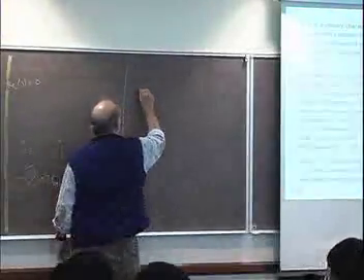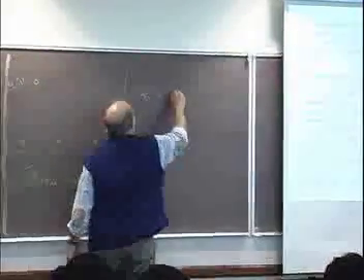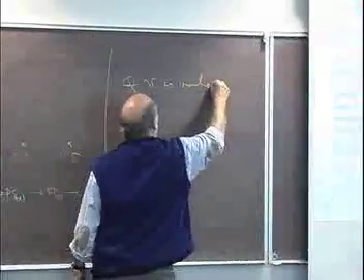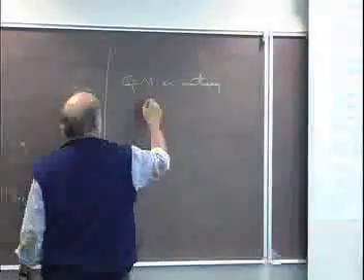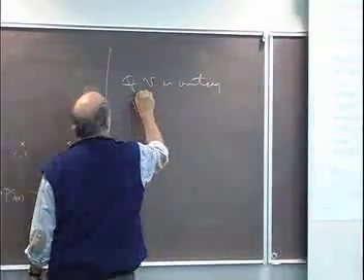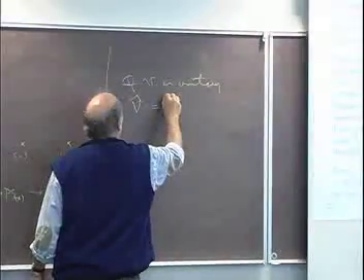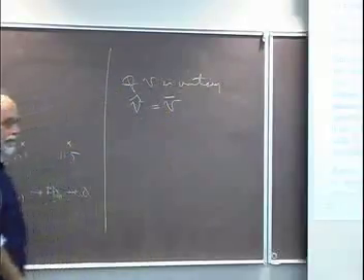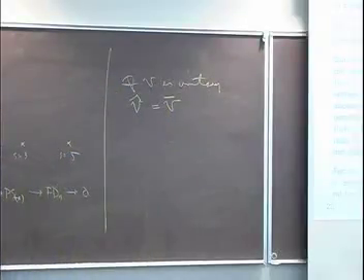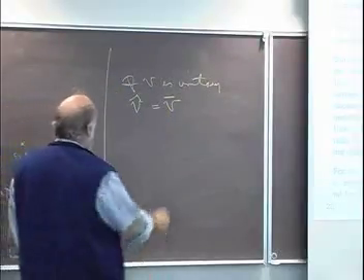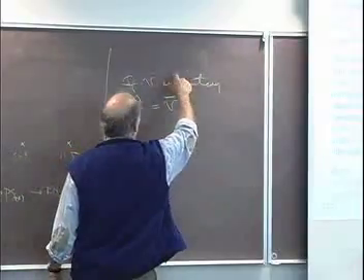We have the following fact. If V is unitary, then that means that V dual is isomorphic to V conjugate. So that means I have a pairing between V and its dual conjugate.